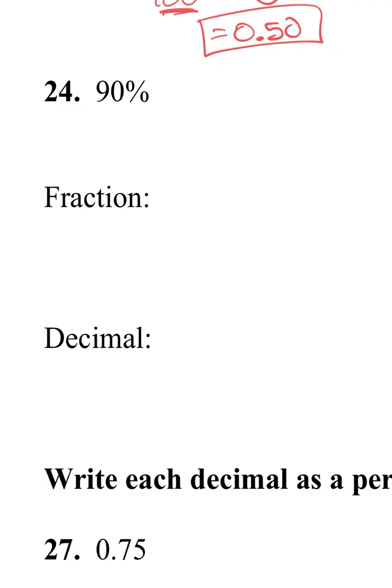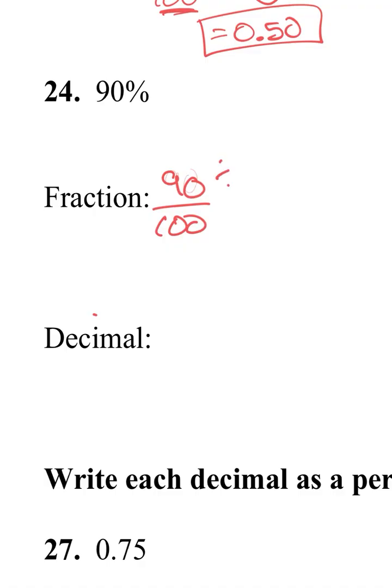So as a fraction, we've got 90 hundredths. Sorry, guys, I'm going to make that a little bit thicker. Okay, so what's the greatest common factor of 90 and 100? In other words, what's the biggest number that will divide 90 and 100 evenly? That's 10.